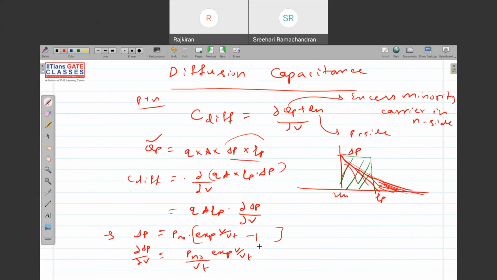Pn0 into exponential of V by Vt equals del P plus Pn0, so d del P by dV equals (del P plus Pn0) divided by Vt. What is now C diffusion?